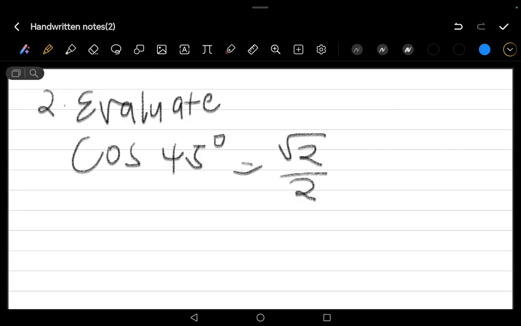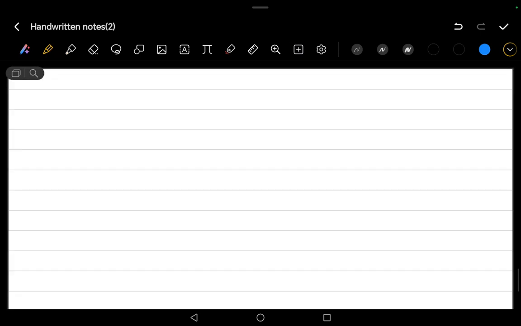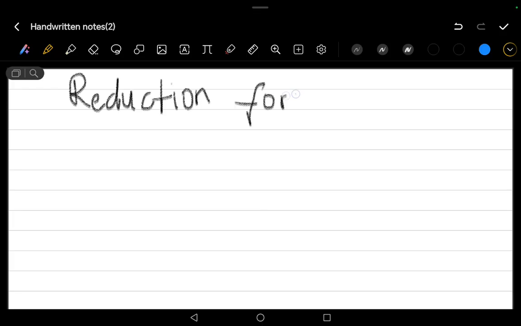Okay, so we're going to move to the next session where we're going to be doing reduction formula and the cast diagram.